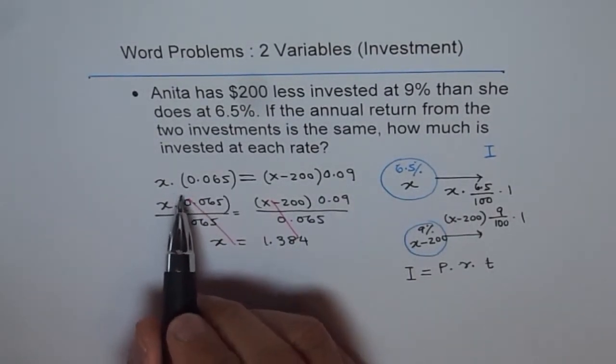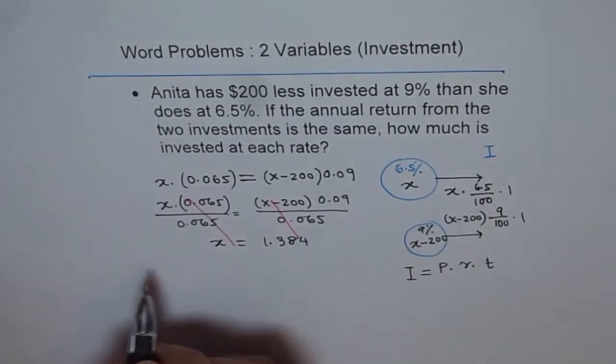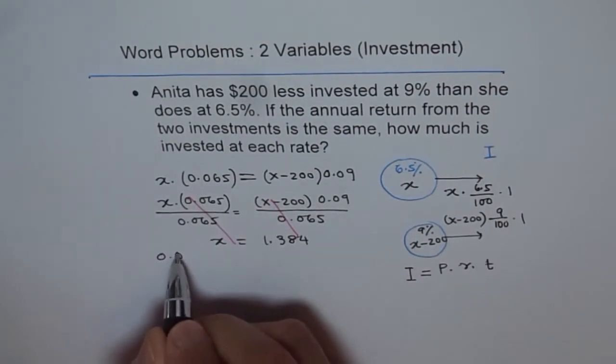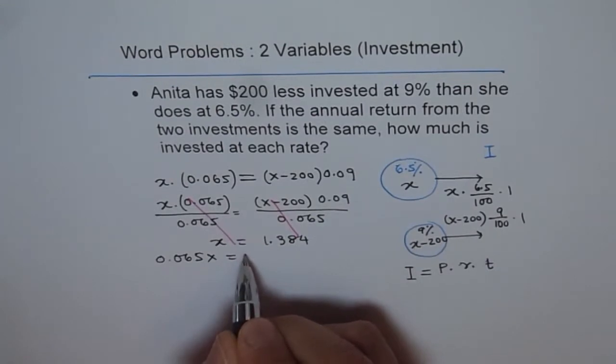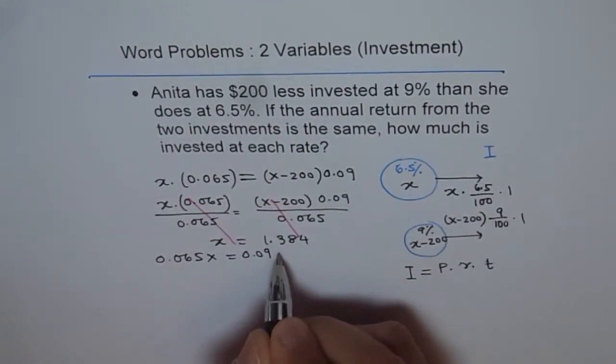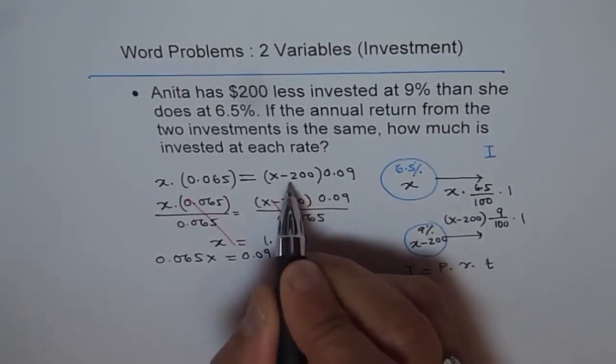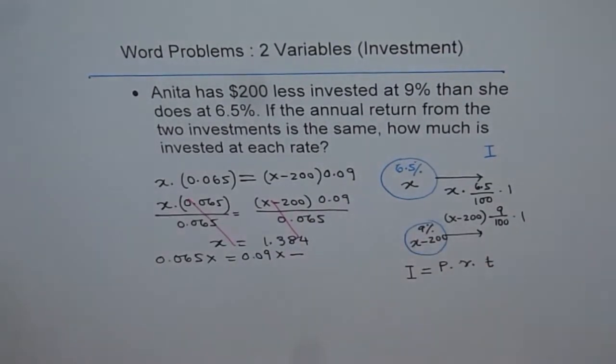When we expand, on the left side we get 0.065x, and on the right side we get 0.09x minus 200 times 0.09, which is 18. Let me do it with a calculator: 200 times 0.09 equals 18.